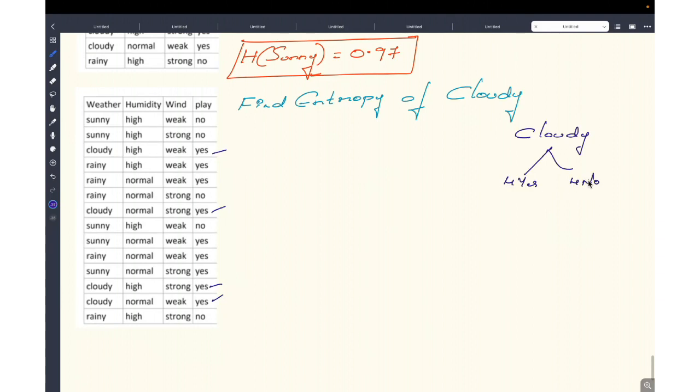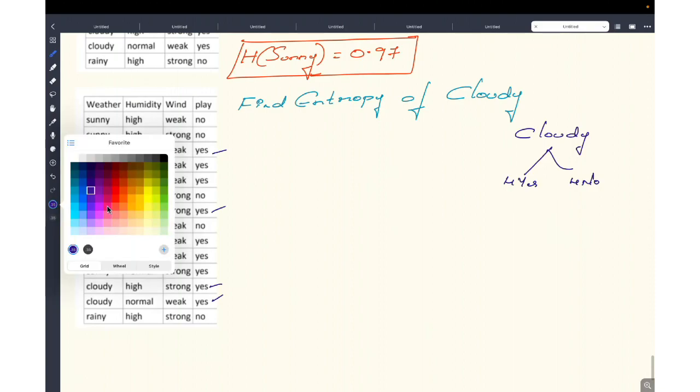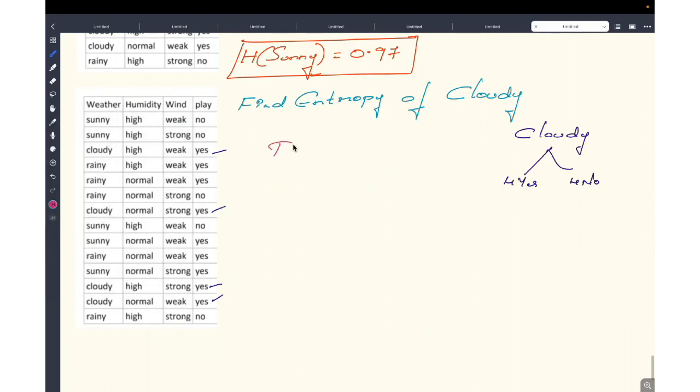Four yes, zero no. What is the probability of yes? 4 by 4, which is 1. Probability of no is 0. What will be the entropy? Direct guess.